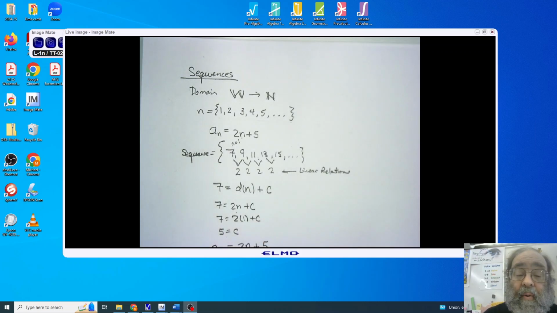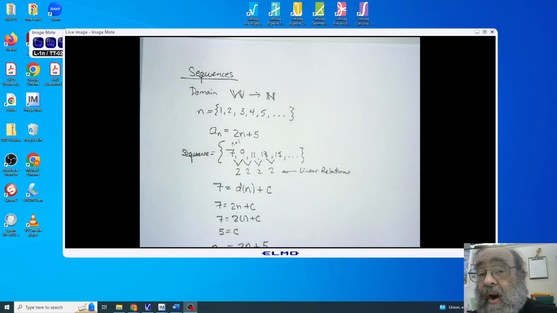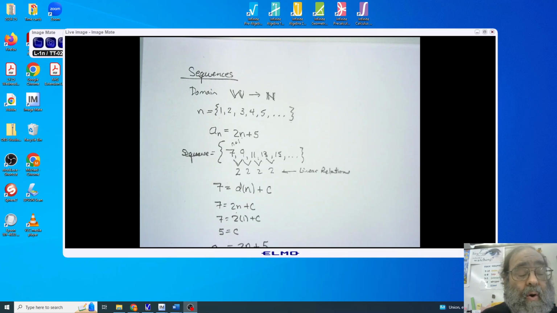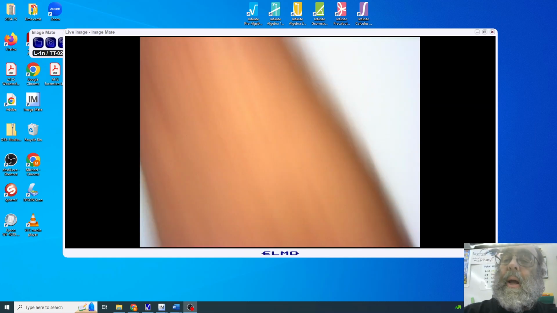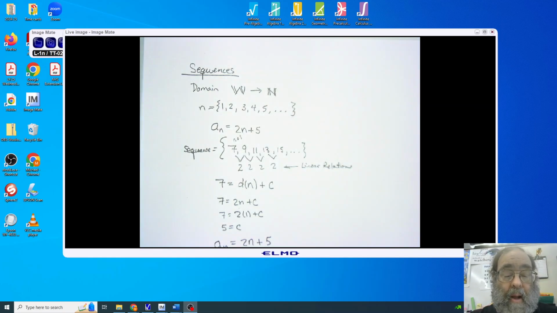Now we have to be careful because there's a possibility that our rule is quadratic. And when we have a quadratic rule, we'll end up seeing a different group of numbers. For example, let's see if I can come up with one real quickly. Let's take my calculator here, and I'm going to generate a sequence that will be quadratic. I'm going to start with a very straightforward one.